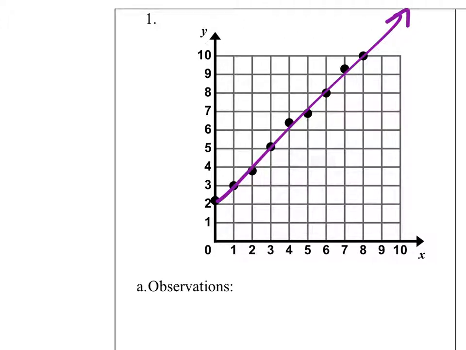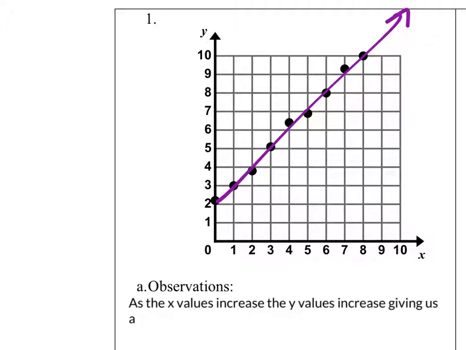All right. So what are some observations we see? As the x values increase, the y values increase, giving us a positive slope. Bam.